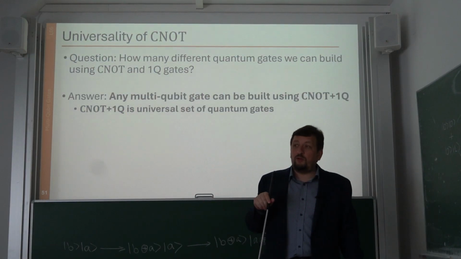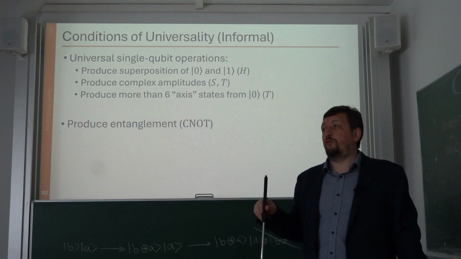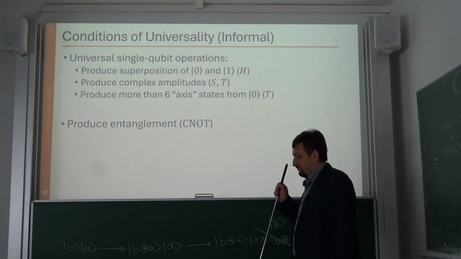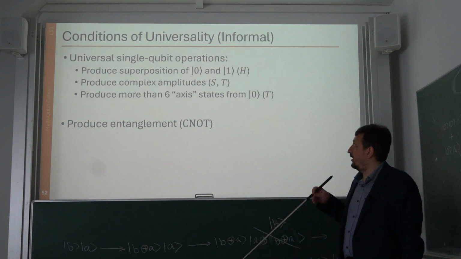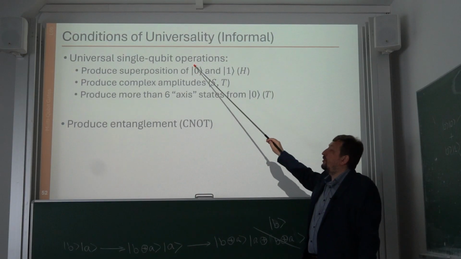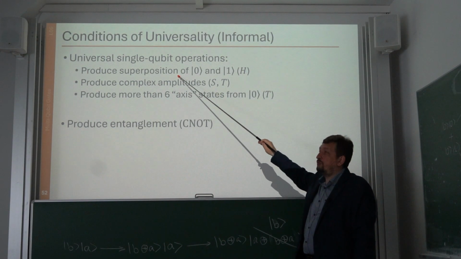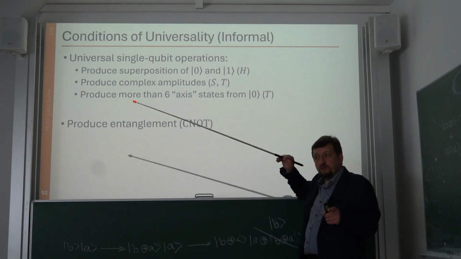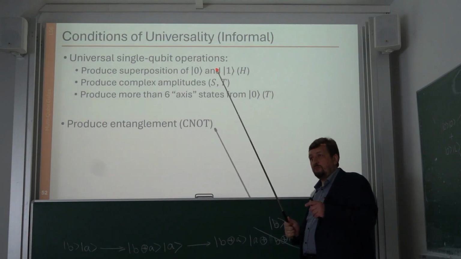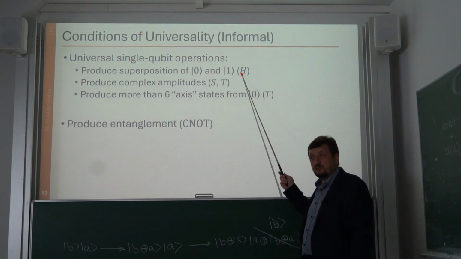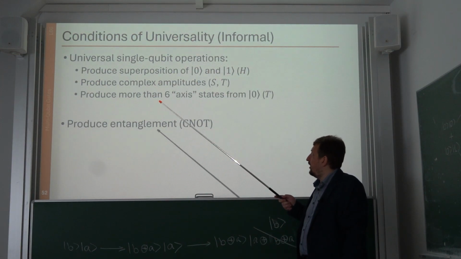Yes. So informally, what we need from a set of gates to be universal: we need single qubit operations, and we need operations that produce superposition of 0 and 1. Because we always start from 0, we need some way to create superposition. This is done by the Hadamard gate.